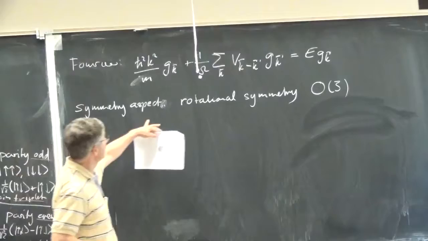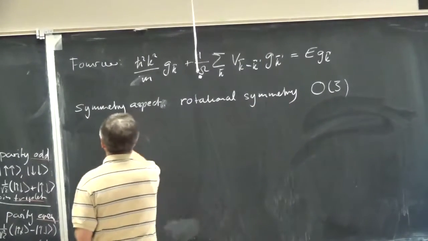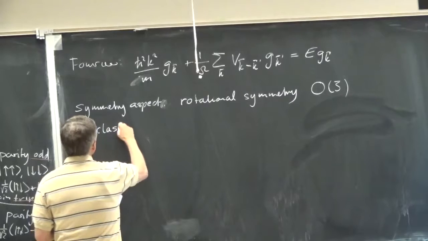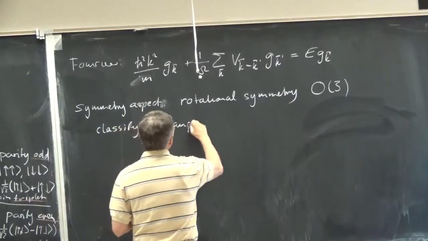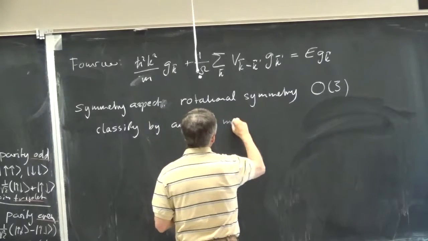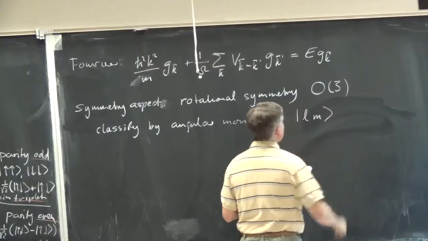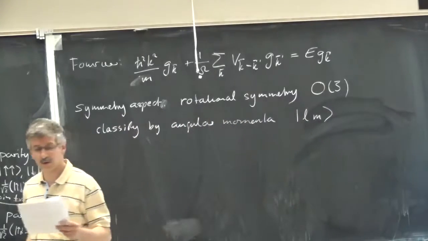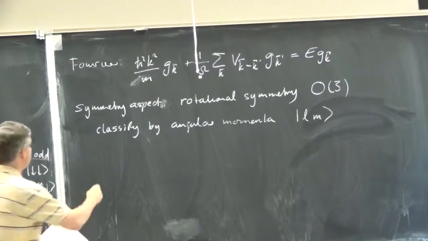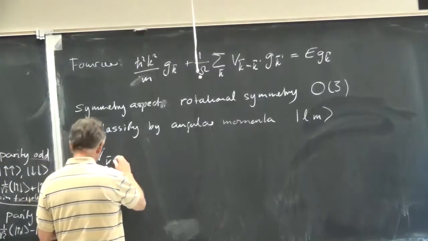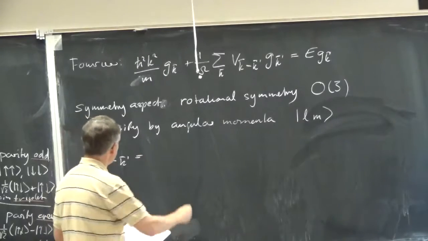But if you have this here, then we can classify by angular momenta. So our states will become eigenstates of the angular momentum operator, and we can write the interaction in terms of spherical harmonics.